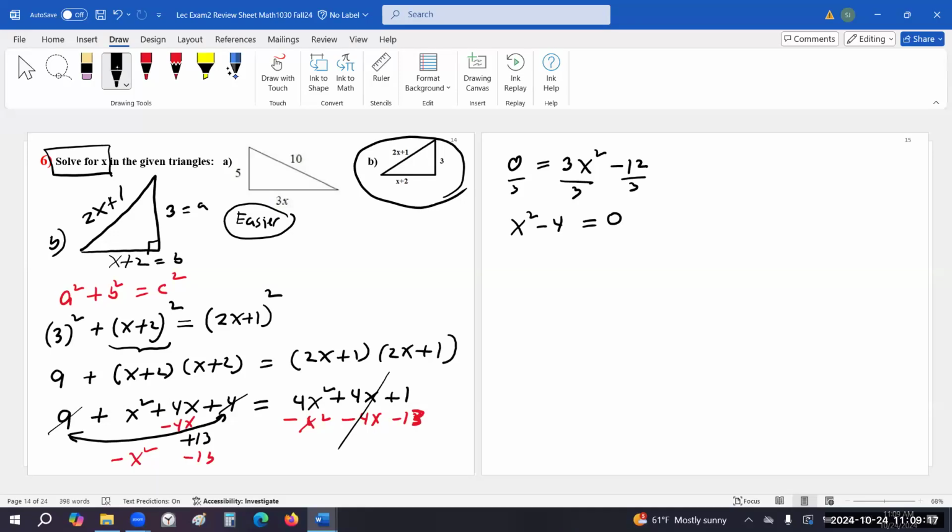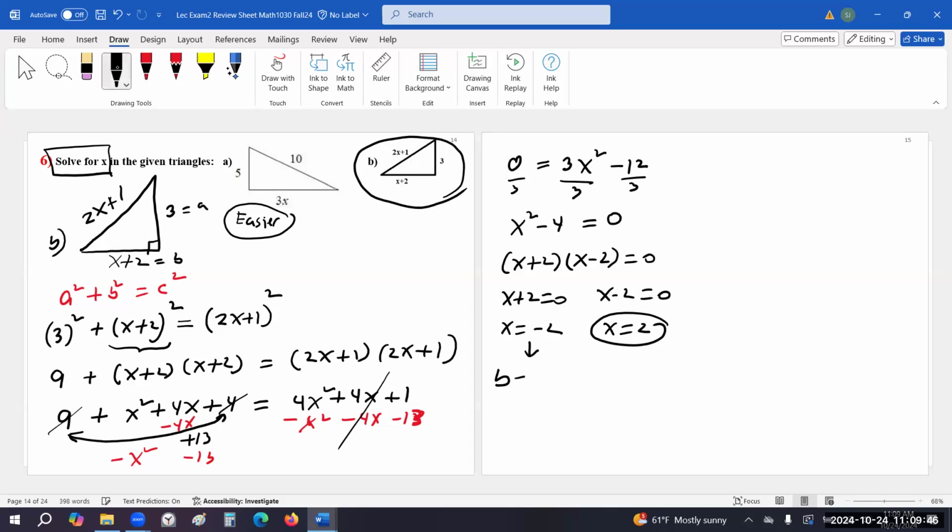And then you have two choices. Either you do factoring. So x plus 2 equals 0 gives us x is negative 2. x minus 2 equals 0 gives us x is 2. We keep x is 2 because the negative 2 doesn't make sense.